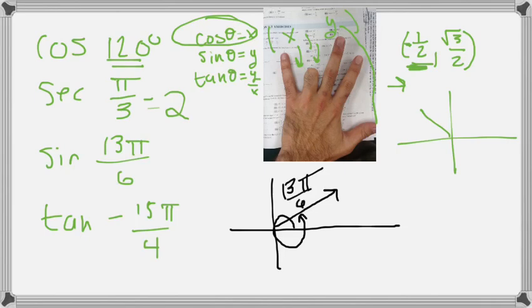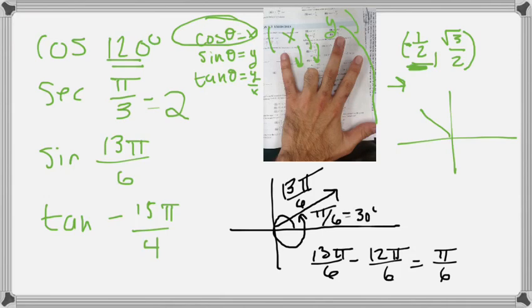So what would be one full circle? 2 pi, right? So if I said 13 pi over 6 minus 2 pi, what would be 2 pi in terms of sixths? So let's just do that. 12 pi over 6. What does that give me? So this angle is actually pi over 6, or just 30 degrees.